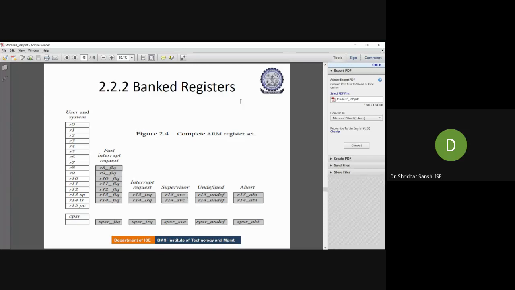These registers are available only when the processor is executing in a specific mode.